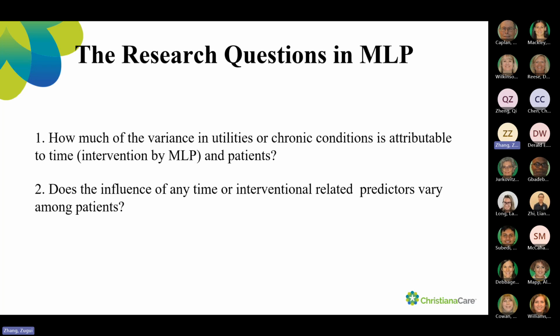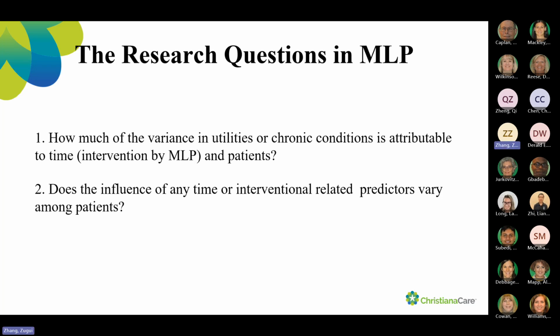The purpose of using this data in multi-level modeling is to look at how much of the variance in utility, in this case length of stay or chronic conditions, is attributed to time and patients, which means we will look at the length of stay change from the intervention, and also the change from the different patients.